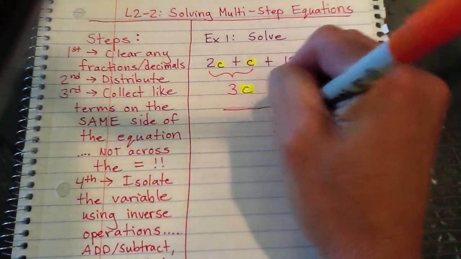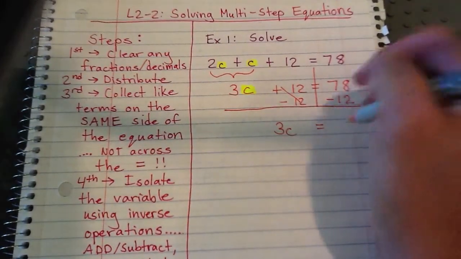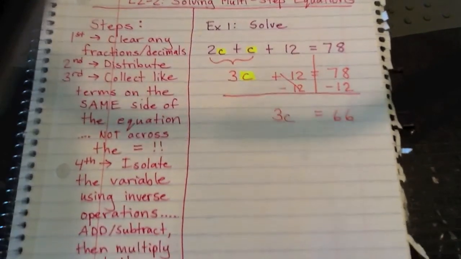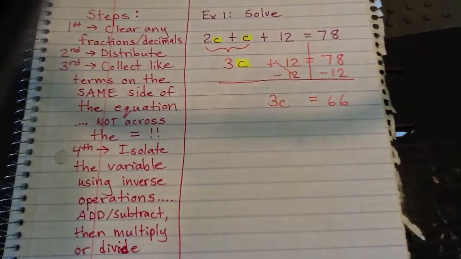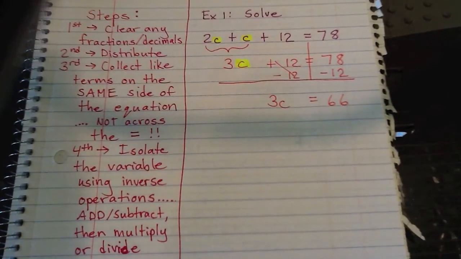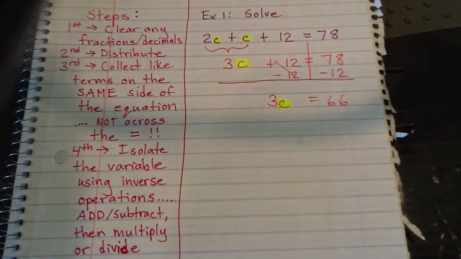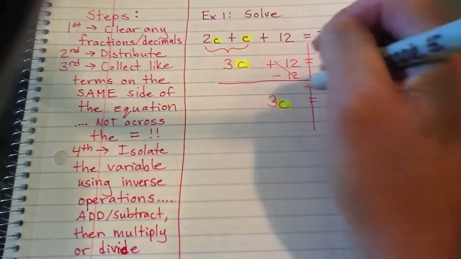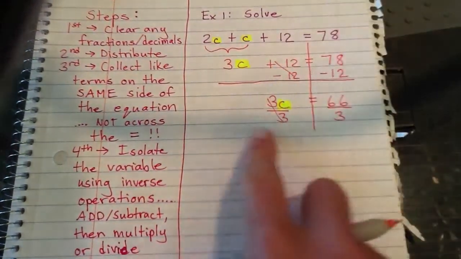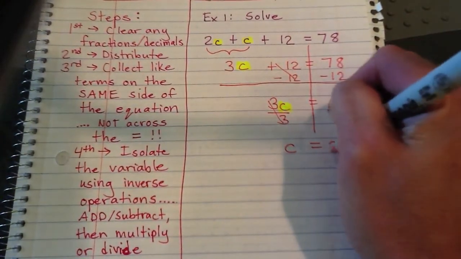So now I have 3c equals, these became 0, 78 subtracting 12 is 66. Now I need to use inverse operation again. 3 is multiplying to c, so the inverse operation would be to divide. So I'm going to divide both sides by 3. Remember, this becomes a 1. So I have 1c, which is just c. c equals 22.